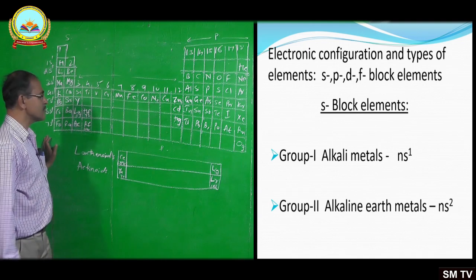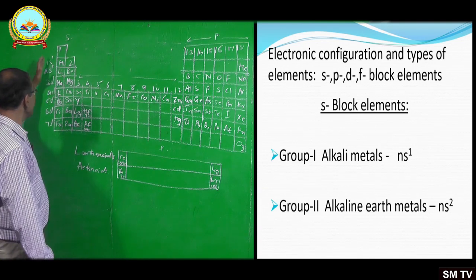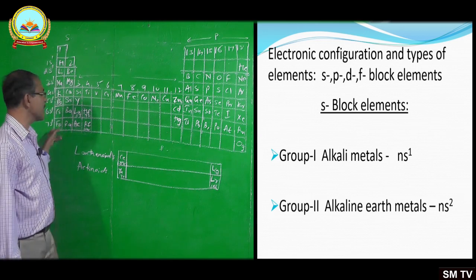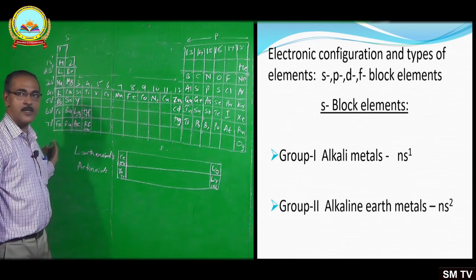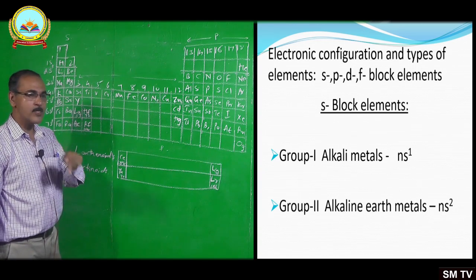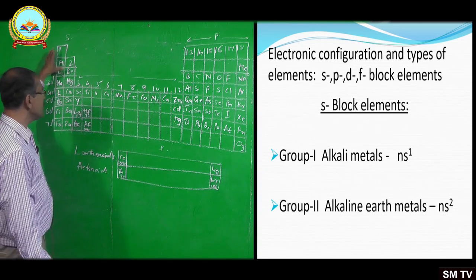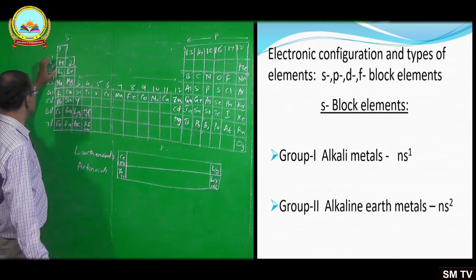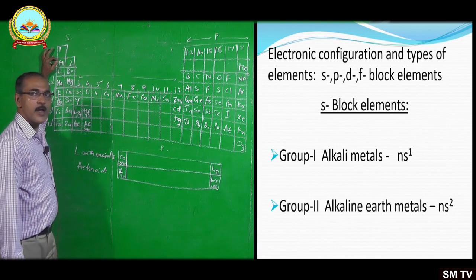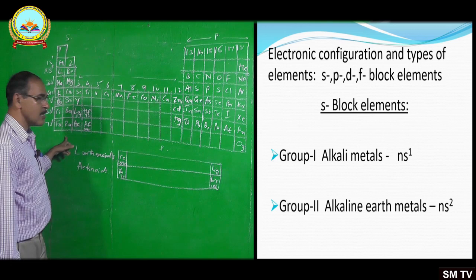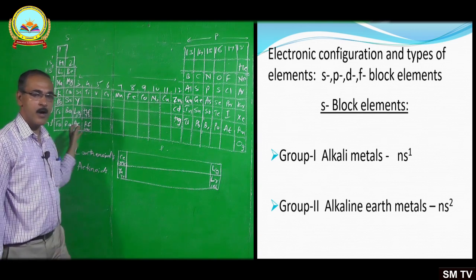All these elements have similar valence electronic configuration. That is what we call periodicity. The property repeats after regular intervals because of this reason. They have similar valence electronic configuration. Group 1 elements are called alkali metals, and group 2 elements are called alkaline earth metals.